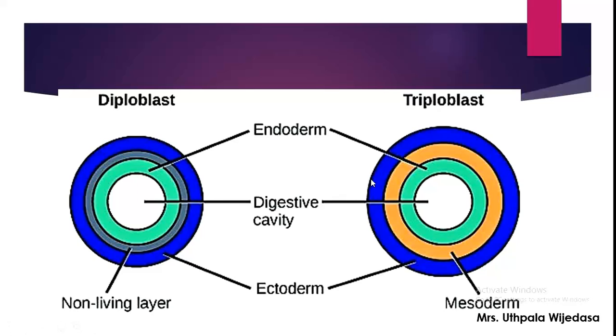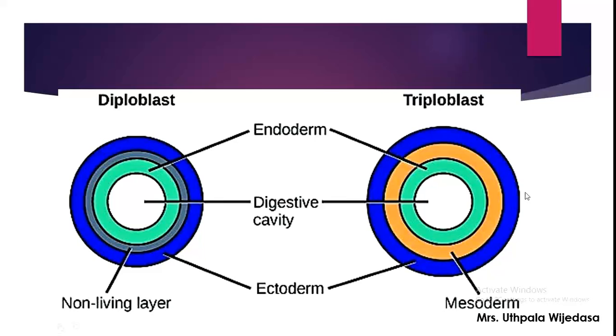Then you will learn about the term triploblastic. Triploblastic animal groups are annelids, mollusks, arthropods, and echinoderms. So, after cnidarians, all the other invertebrate groups are considered triploblastic.